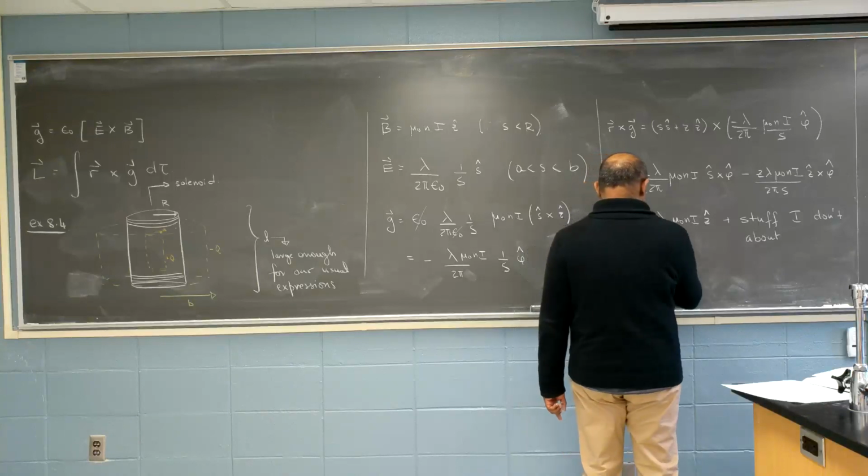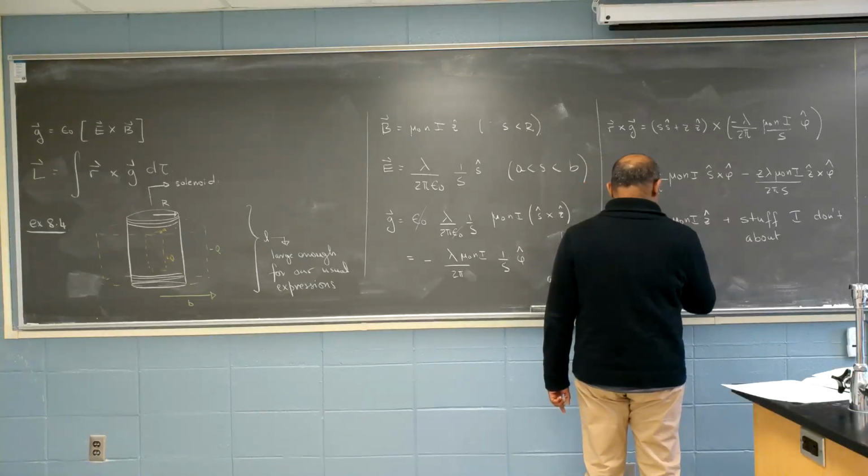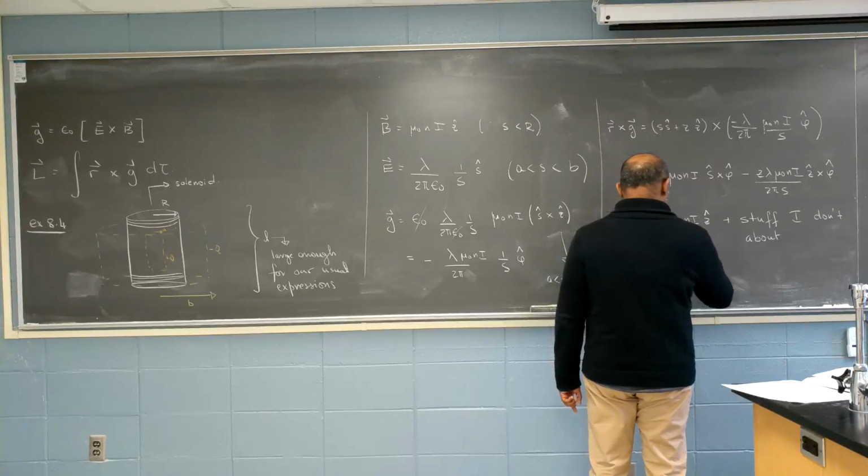I have minus lambda over 2 pi, and at some point I need to check if I'm doing this correctly.